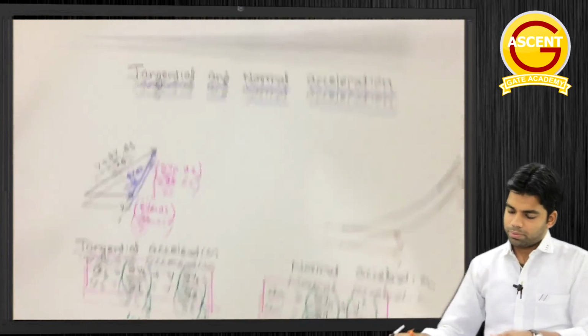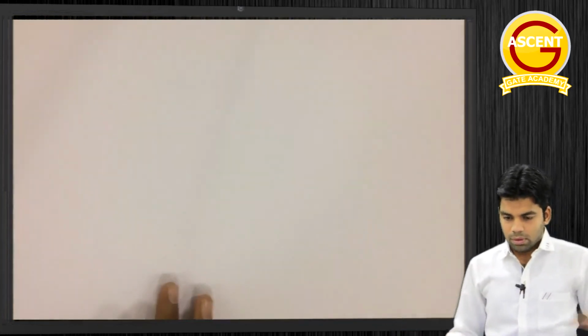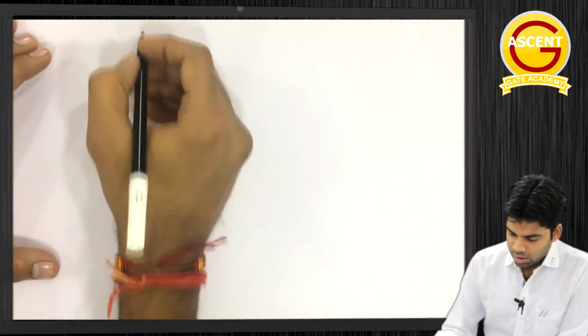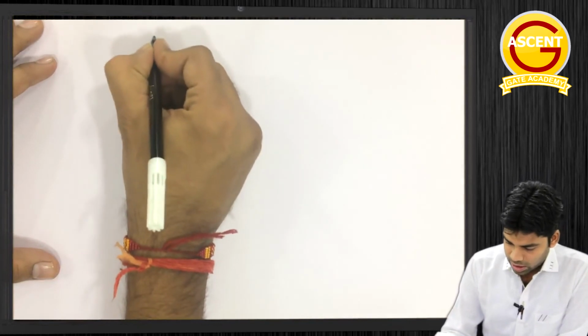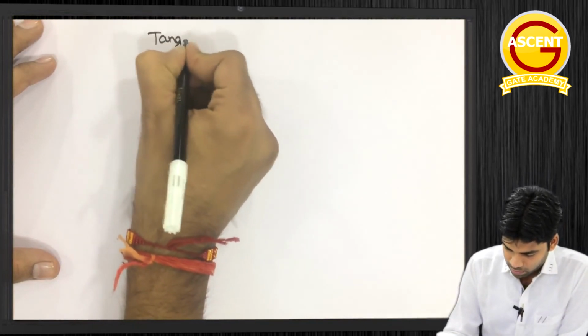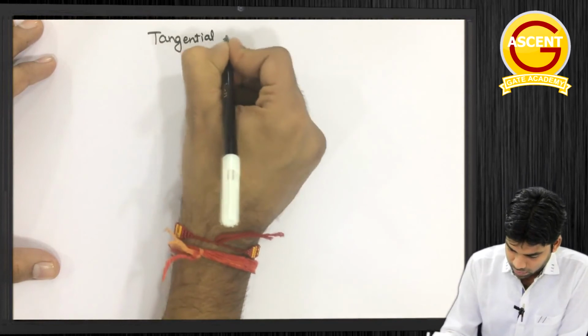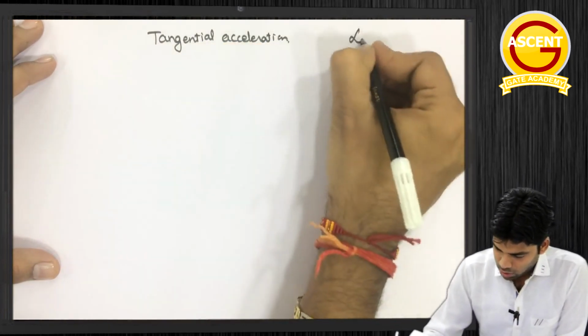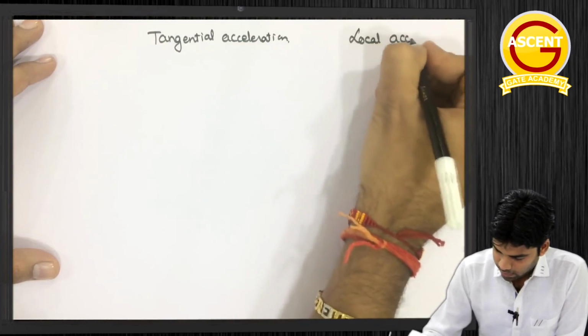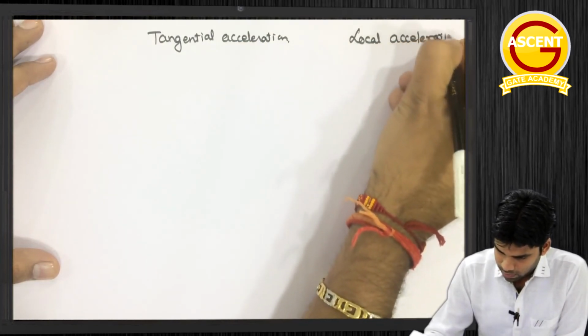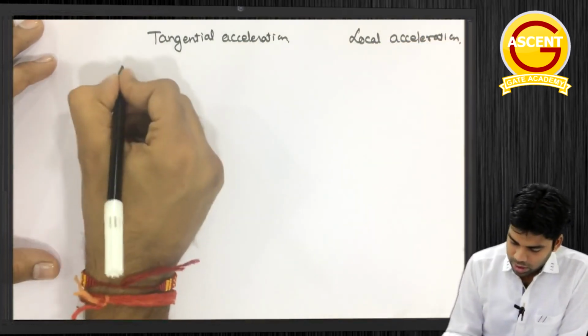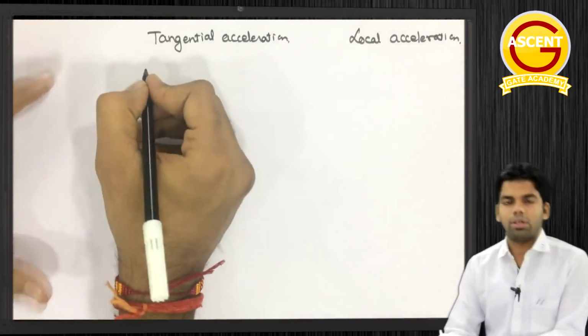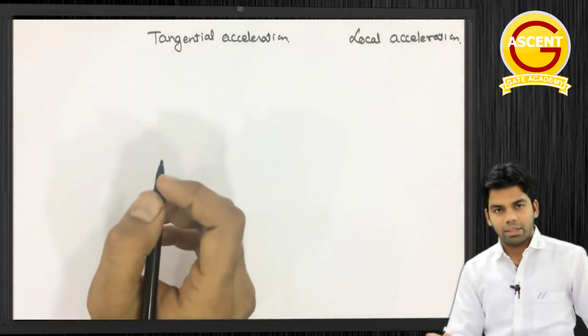Okay, now I will tell you the difference between these two. First is tangential acceleration, and second is local acceleration. Okay, so this tangential acceleration is due to the change in magnitude of the velocity.